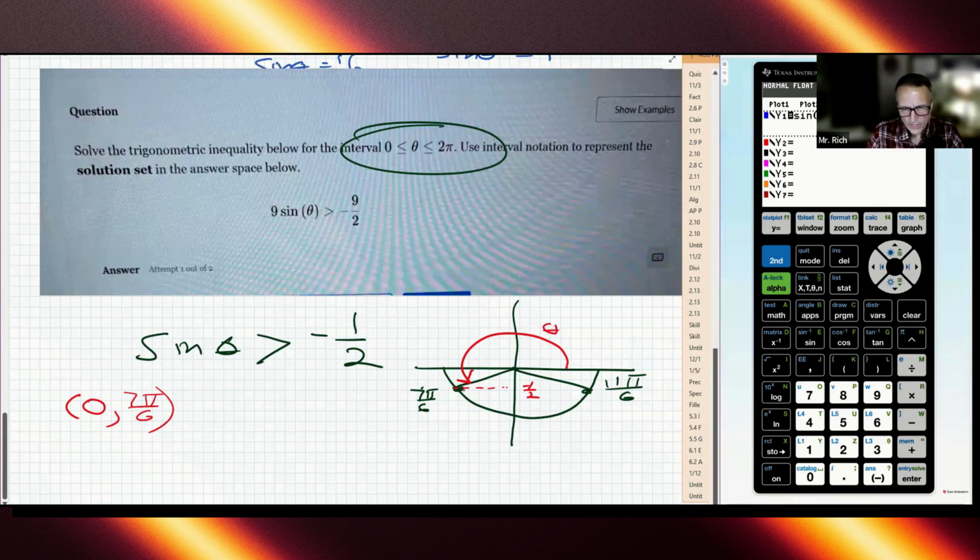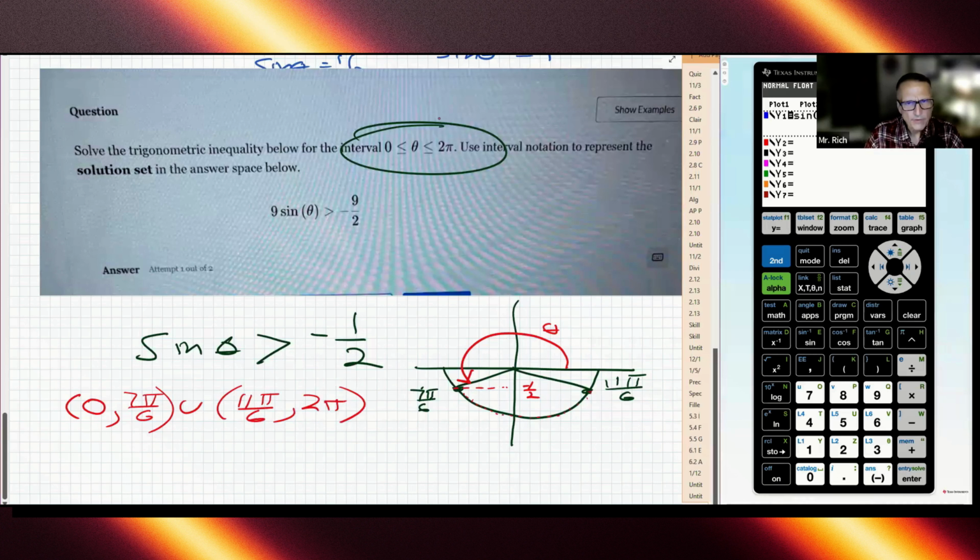Once I move beyond that rotation, the y values are all lower than negative 1/2. But as soon as I get beyond my rotation of 11 pi over 6, it picks back up to be greater than negative 1/2, and the upper limit is 2 pi.